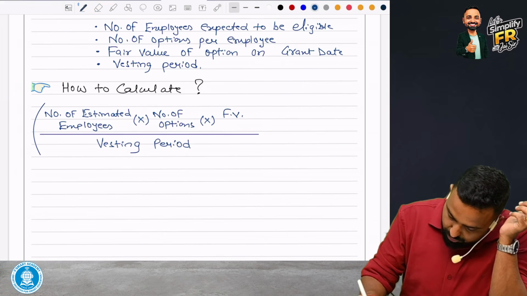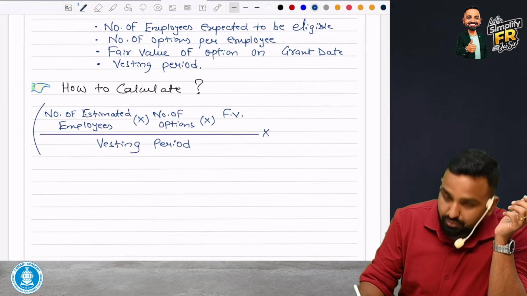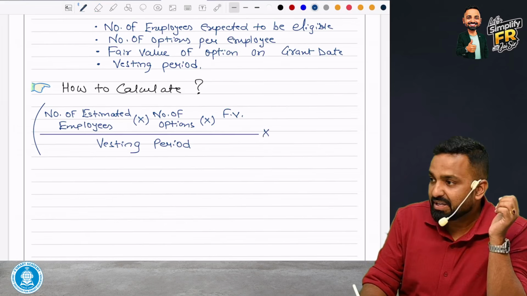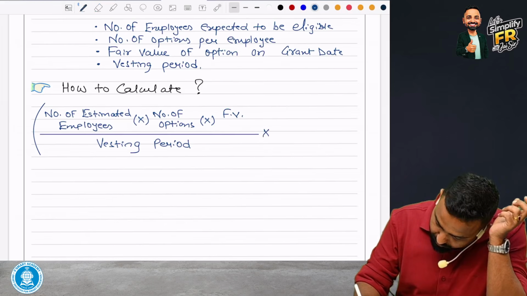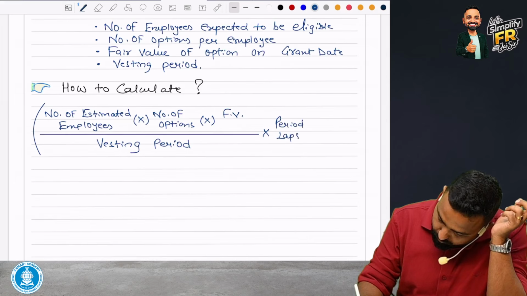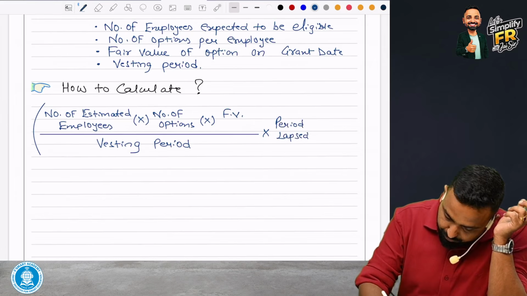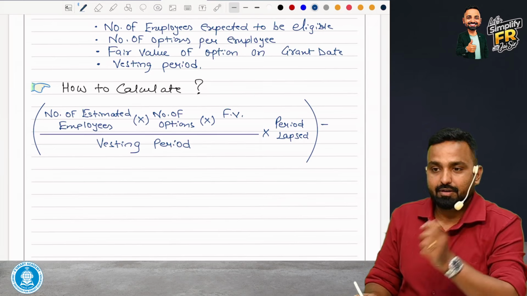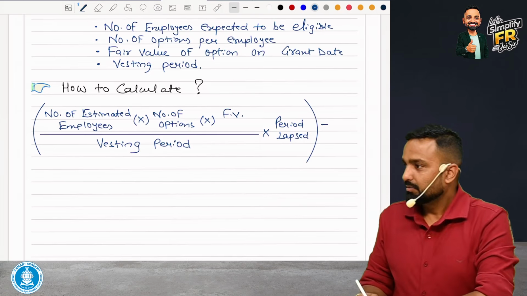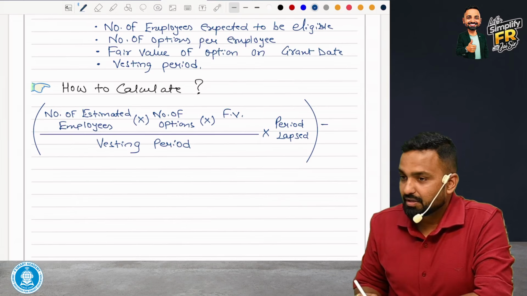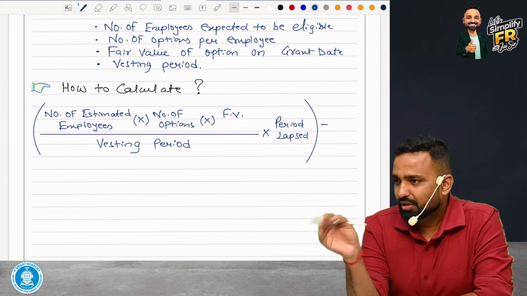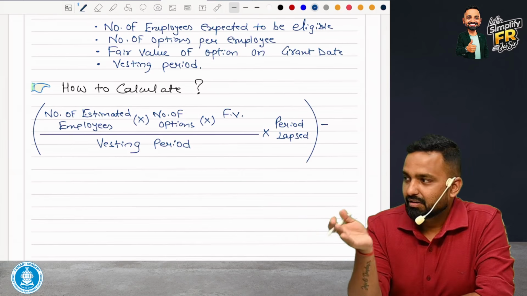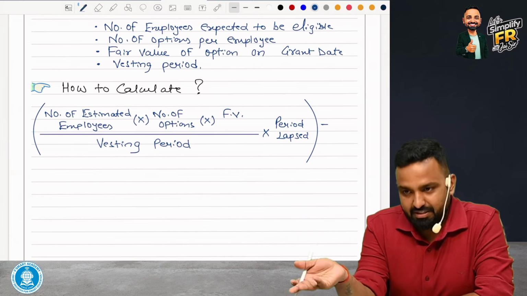Sorry. Into period lapsed. Okay. Minus. In the first year, minus would be 0. In the second year, expense already recognized.